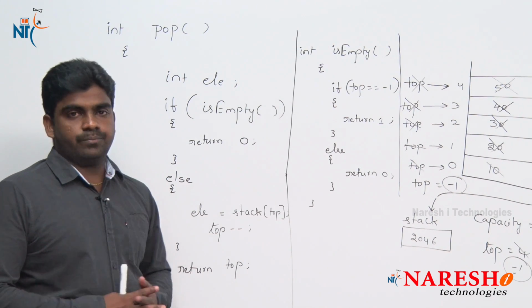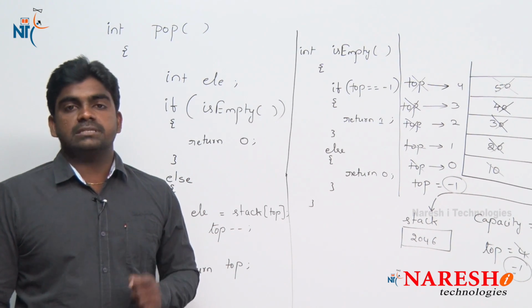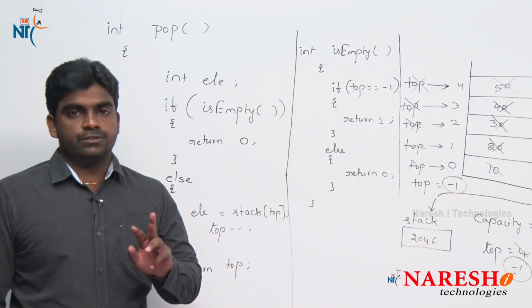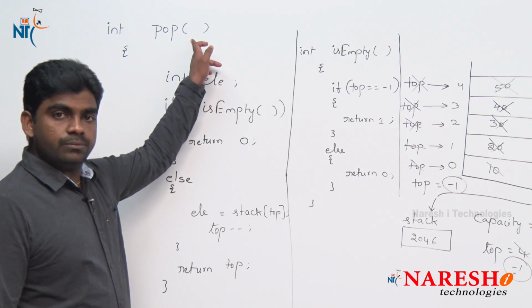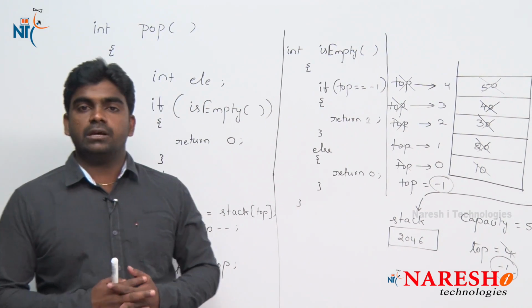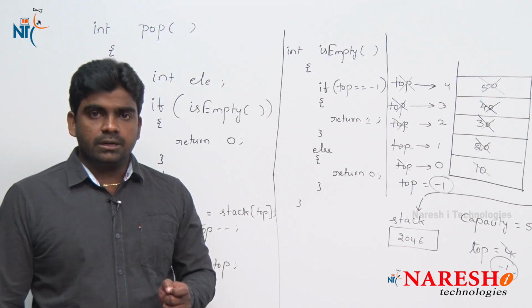So this is deleting the element from the stack, nothing but popping the element from the stack. Two methods we are using, one is the pop method and the next is the isEmpty method. Okay. And the next method we will see.